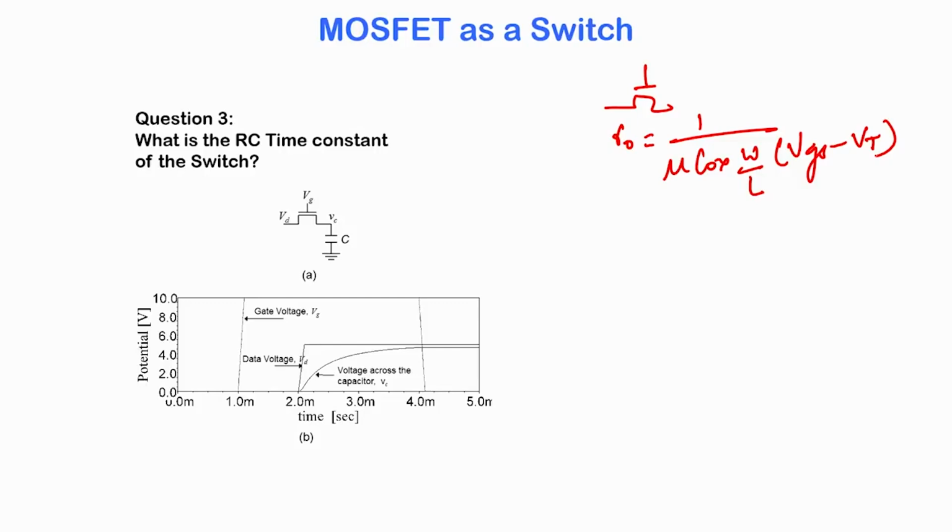Now, here is the next question. Suppose we use this MOSFET as a switch in a switch capacitor circuit, which is a switch in series with a capacitor, and let us say the MOSFET is on.